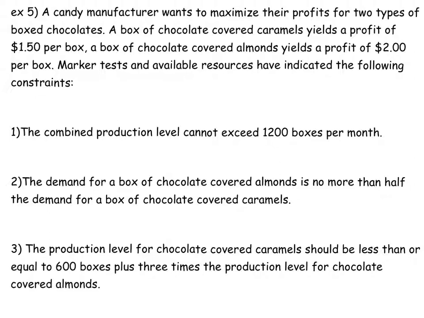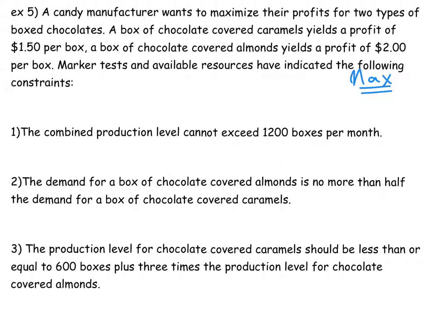They give us a profit of $1.50 per box of the caramels and $2 per box for the almonds. Our goal here is that we want to make our profits as high as possible. This is a profit problem, and anytime you see that, you should think this is a maximization problem.